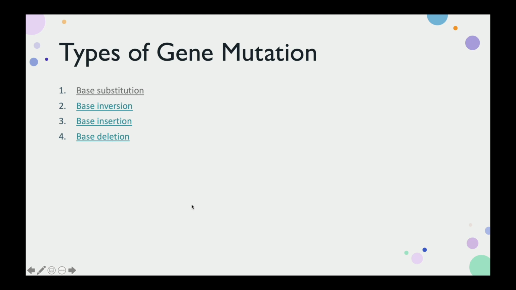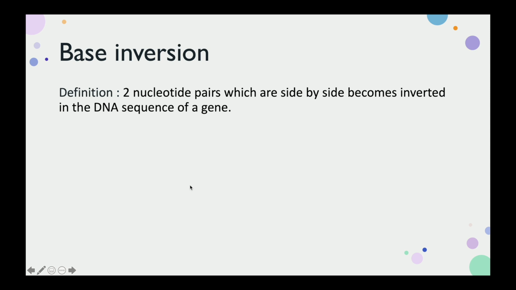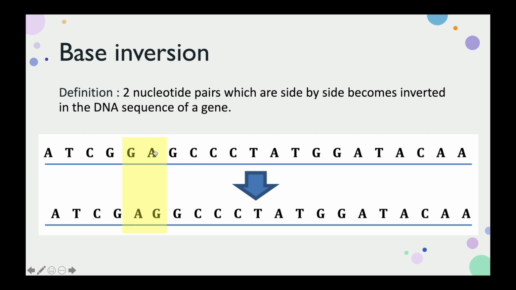The next type of gene mutation is base inversion. Base inversion refers to 2 nucleotide pairs which are side by side becoming inverted in the DNA sequence of a gene. For example, this is the original DNA sequence for the gene. And this is the DNA sequence after mutation has happened.